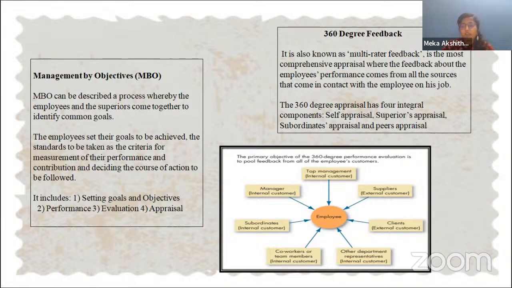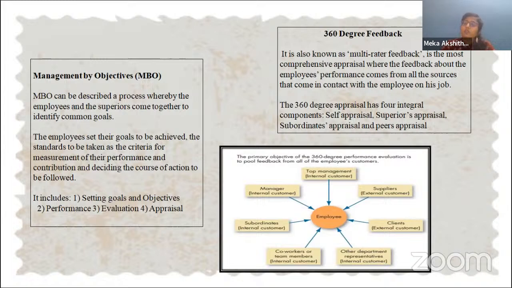For example, they would be taking feedback from friends, supervisor, manager, team lead, and the CEO, whoever is the head of the organization. They would be taking feedback from everyone, multiple raters, right?